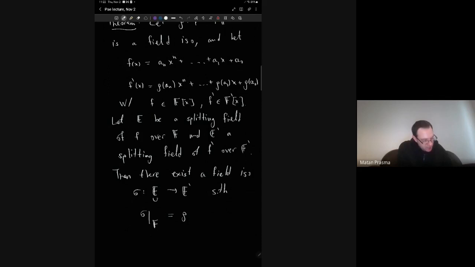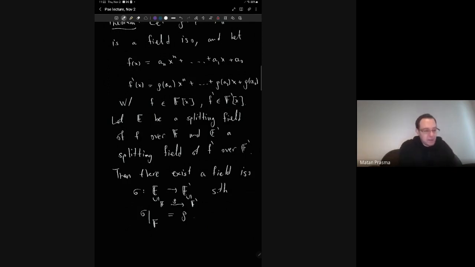Right here inside of E we must have F, and inside of E prime we must have F prime, and we started with the map rho. So the claim of the theorem is that you get a field isomorphism sigma that extends the original isomorphism rho. Okay, that's the theorem we want to prove.